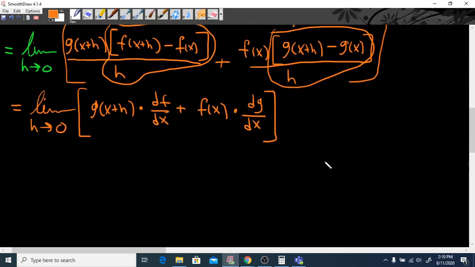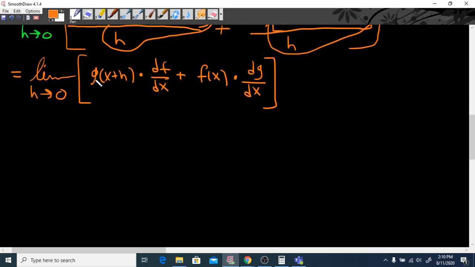And now, if we take the limit as h approaches 0, g at x plus h becomes nothing more than g at x.